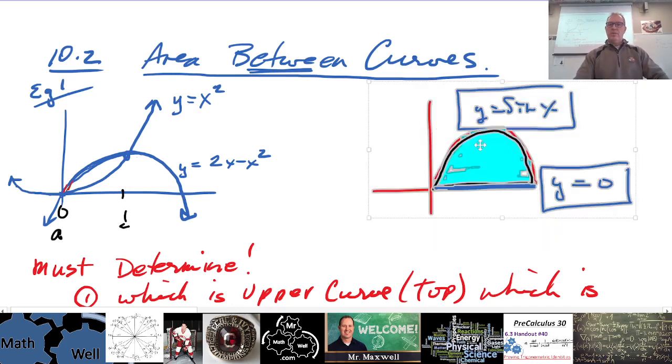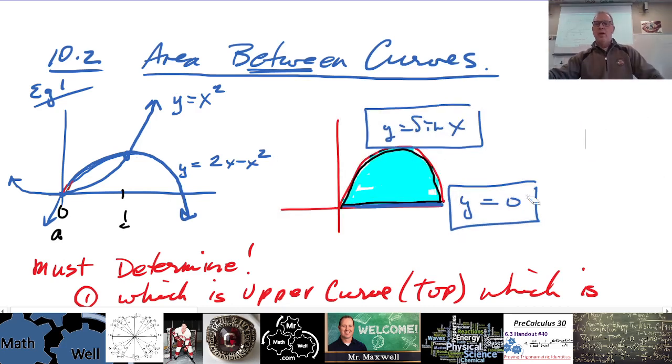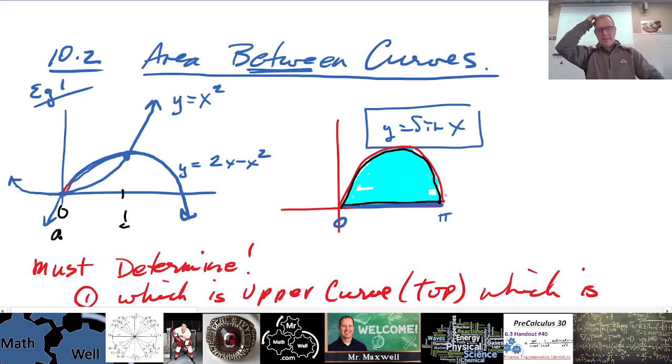I'll just move this over a bit. So this example right here, remember we did this in 10.1. What we did to find the area underneath, let's say, the y equals sine x graph from 0 to pi, that's where it would be above the x-axis.